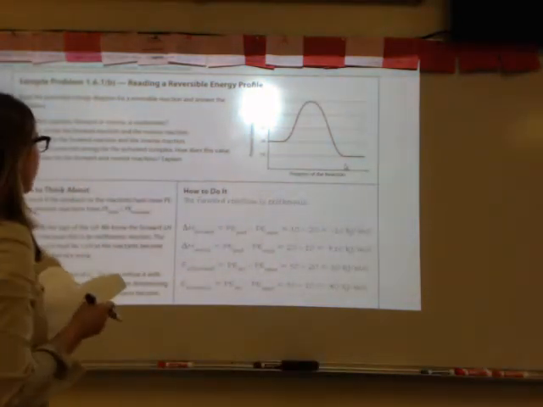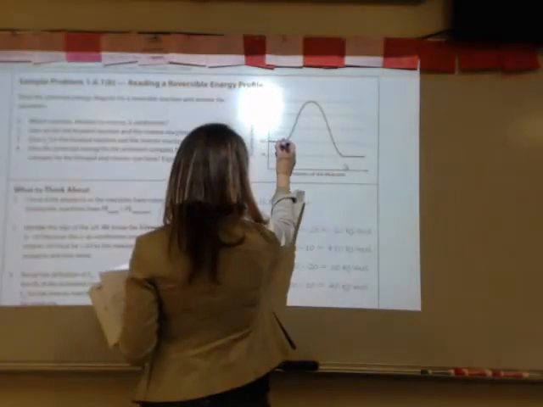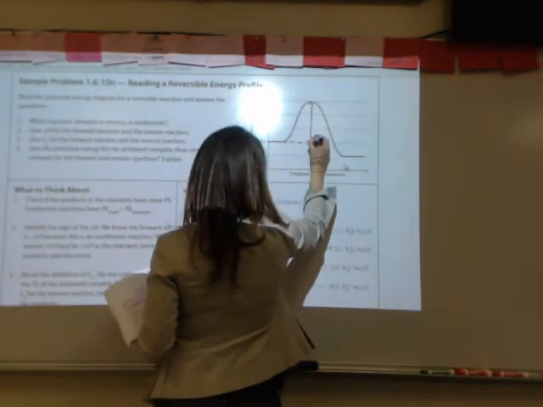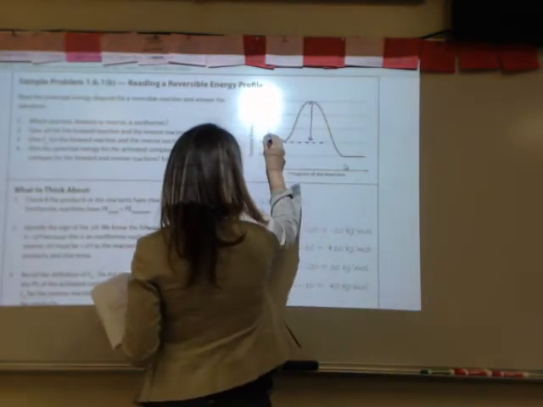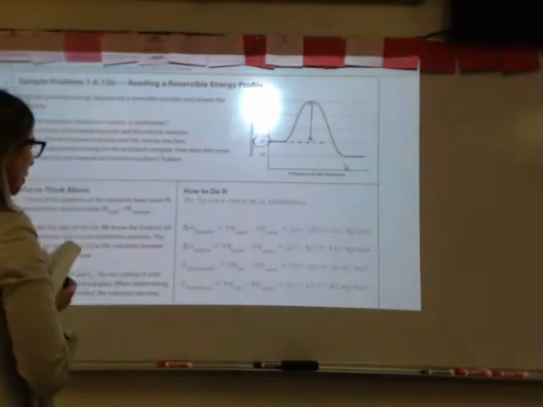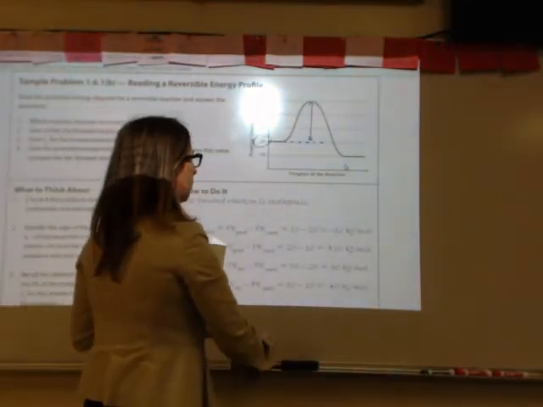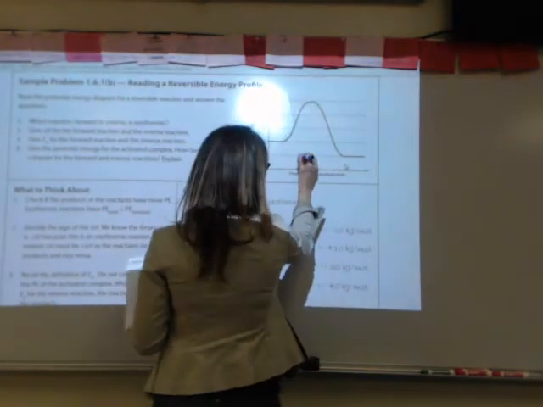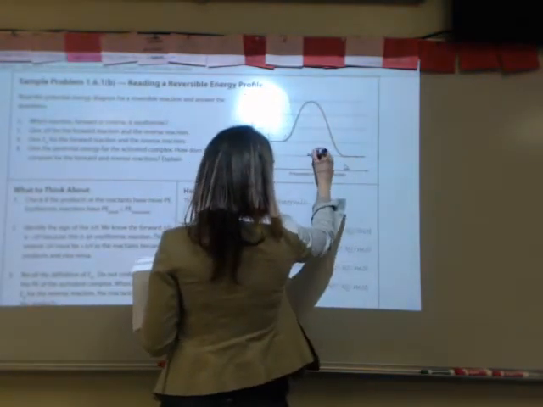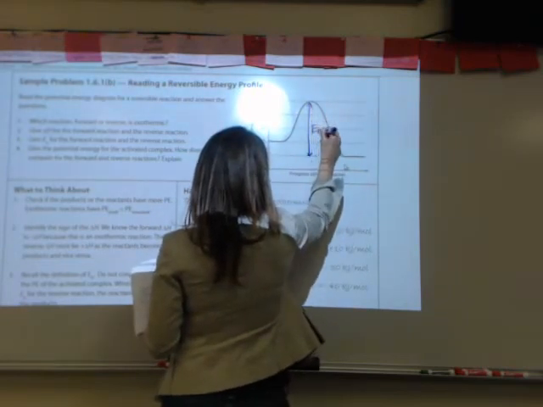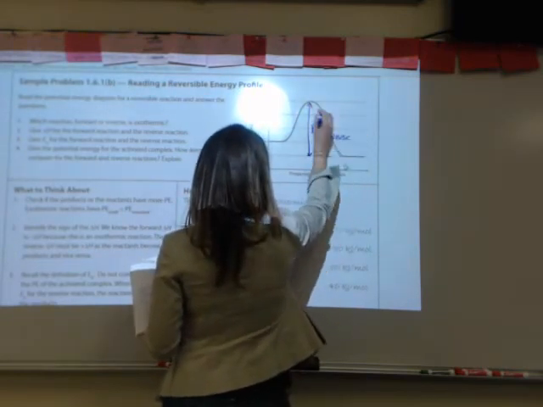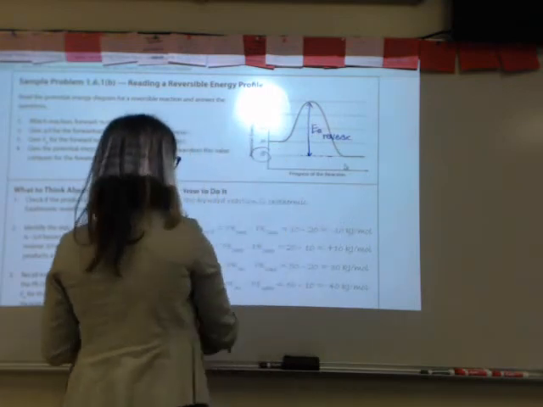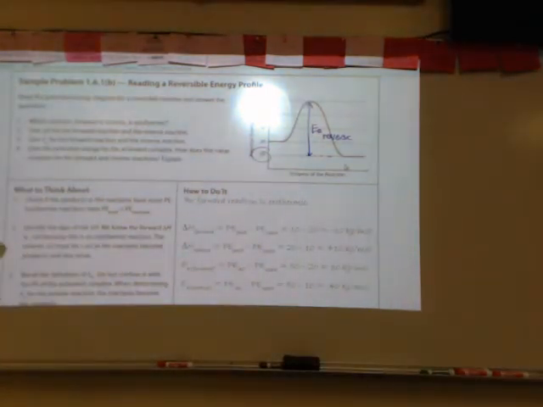The activation energy for the forward reaction is wherever the reactants are to the highest point. So this is 50 minus 20, which is 30 kilojoules per mole. But if I want the activation energy for the reverse reaction, that means that this is my reactant here, and this is the highest point on the graph. So this is going to be 50 minus 10, which is 40 kilojoules per mole.